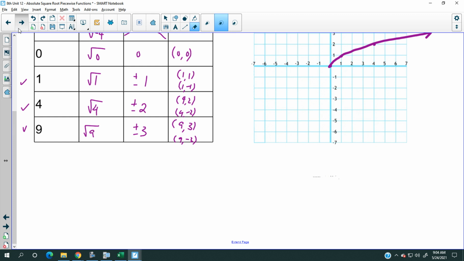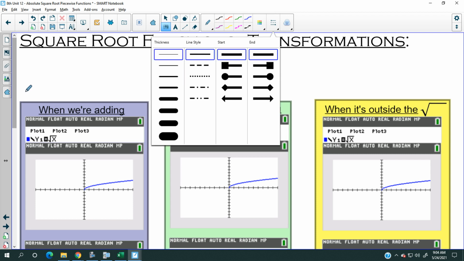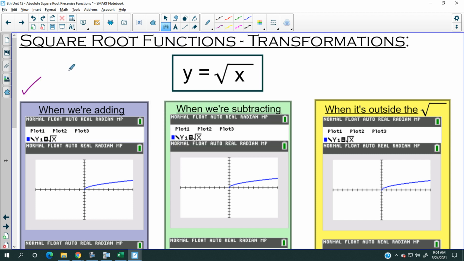Okay, now let's get into the transformation part. So the transformation, therefore, right? We got only a couple of things going on here, because there are two things we can examine. One is what's happening strictly inside the radical symbol, meaning the parent function, what happens when we subtract inside the space?